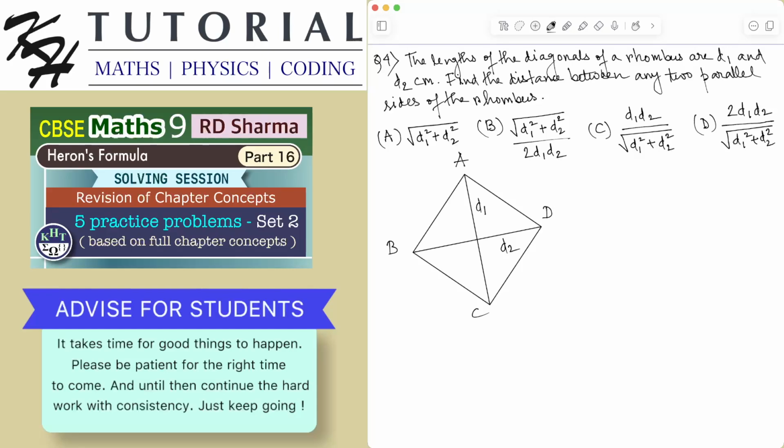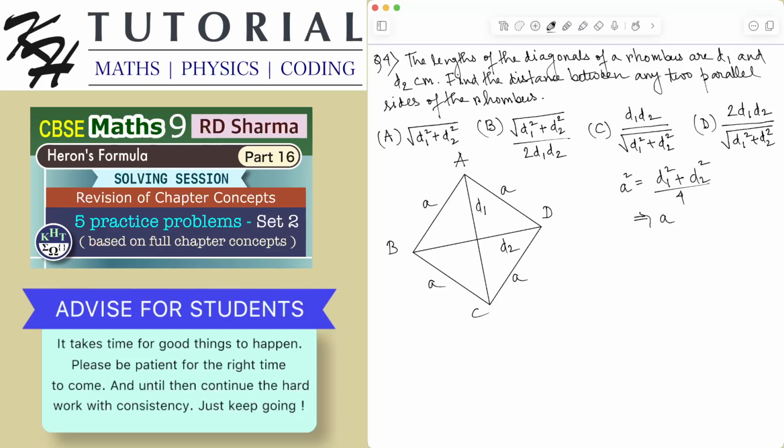And also we know that from the length of the diagonals of a rhombus we can easily find the length of each side of the rhombus. So if the length of each side of the rhombus is A, then we know from the previous problem we have A square is equal to D1 square plus D2 square by 4.